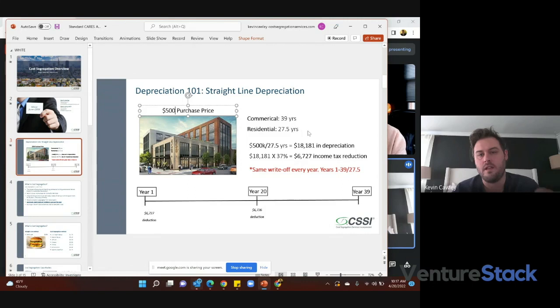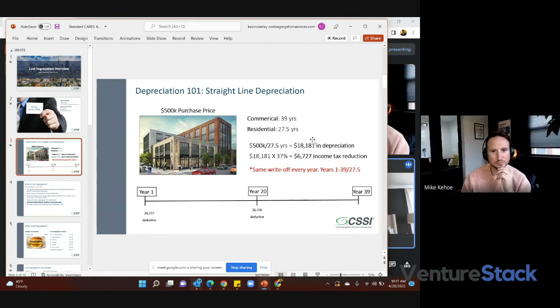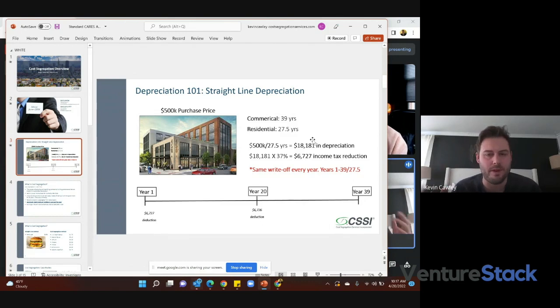The IRS is going to say, Kevin Cawley now needs a depreciation schedule. Every investment property in the United States is on a depreciation schedule.